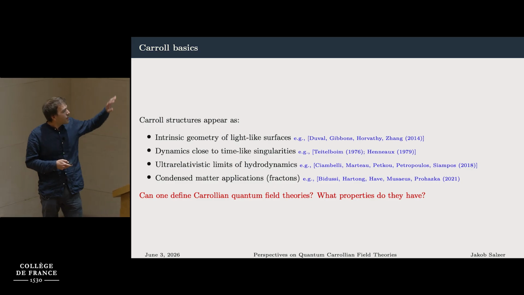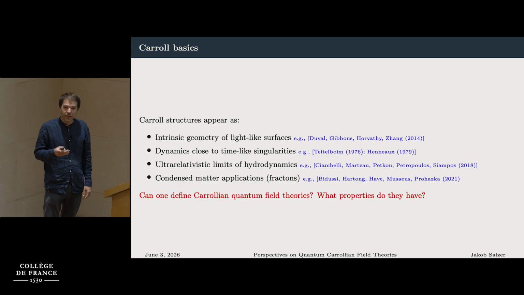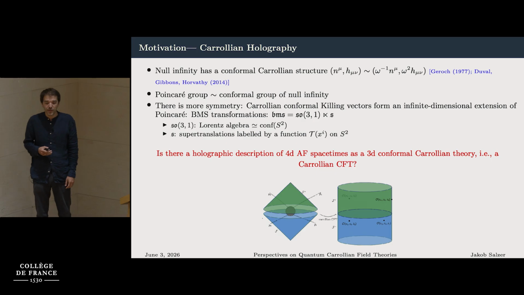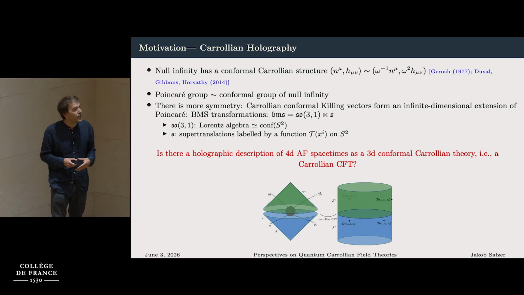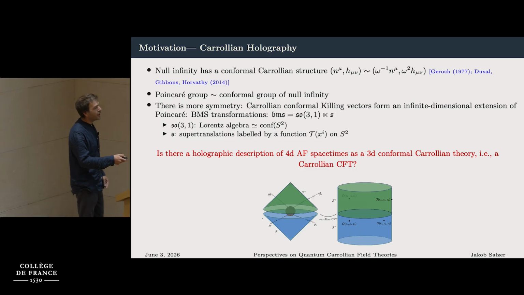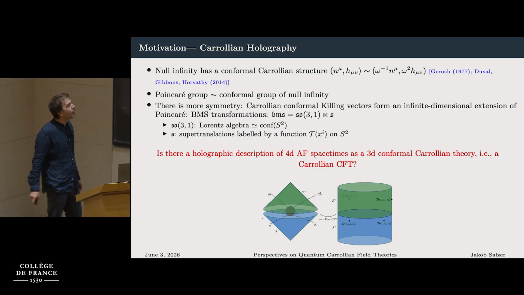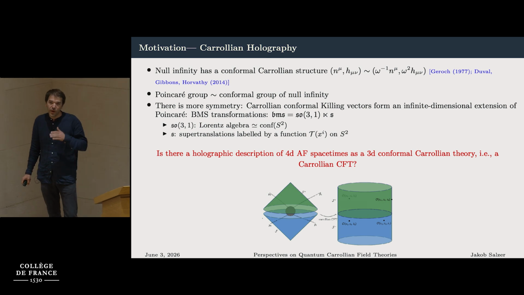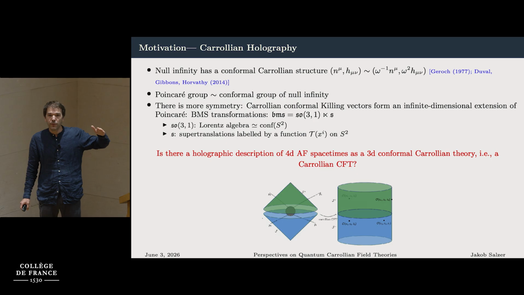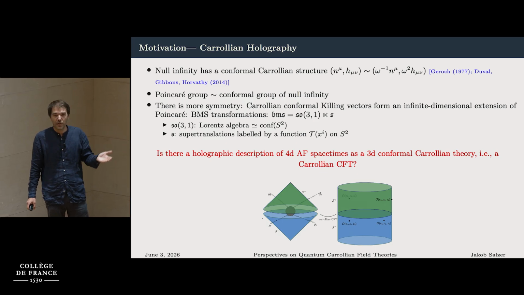Okay, so this was, I think, already enough motivation to study Carrollian theories, but let me give you one more, which is the one why I'm mostly interested in this, and why this topic has picked up also in the last couple of years. Namely, if you think about an asymptotically flat spacetime, so something like Minkowski space here, an asymptotically flat spacetime has a very important null surface, namely future infinity or past null infinity.